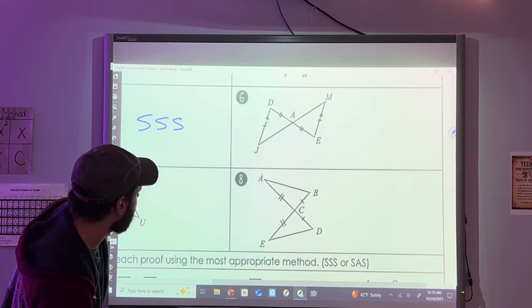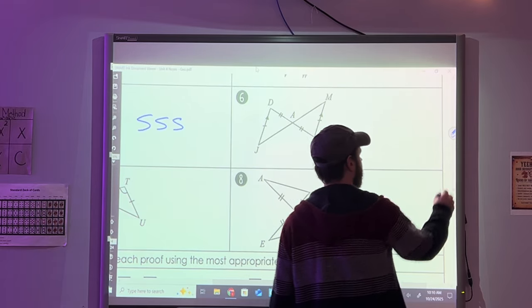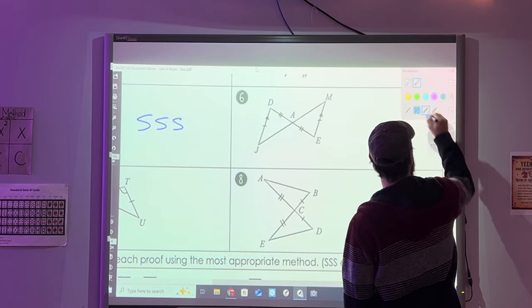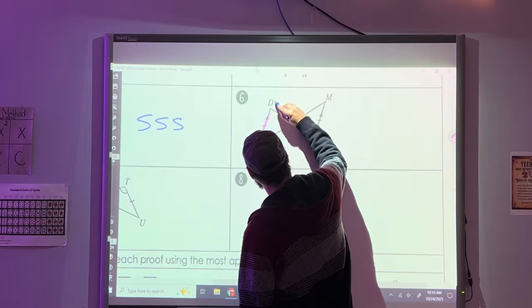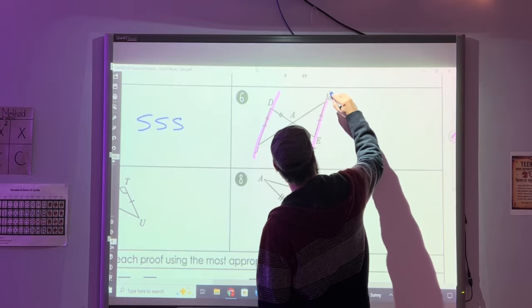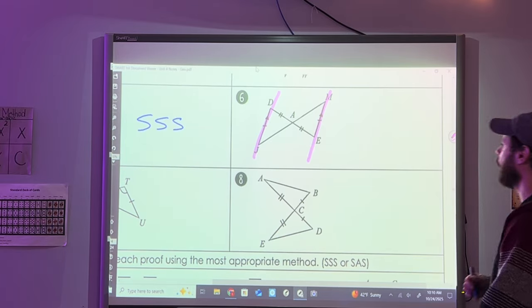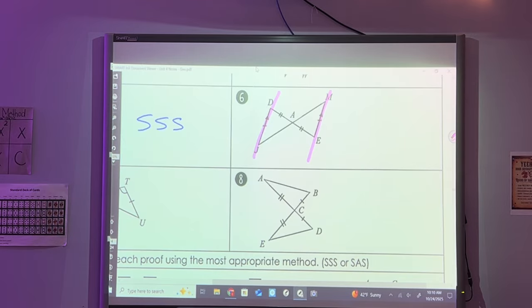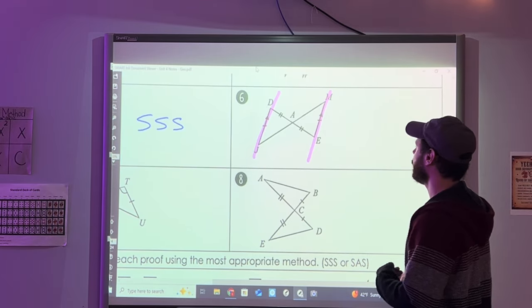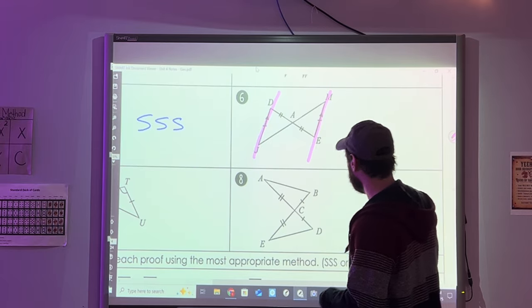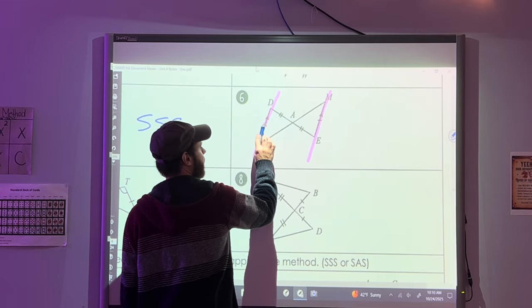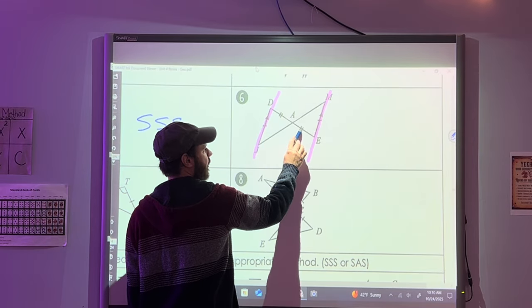Number six, I see this little parallel line indicator. That tiny little arrow tells you that this line is parallel to that line. So angle relationships are on the table, and that's probably important. So here, all right, I have a side, another side.